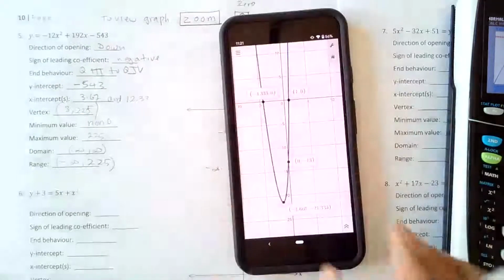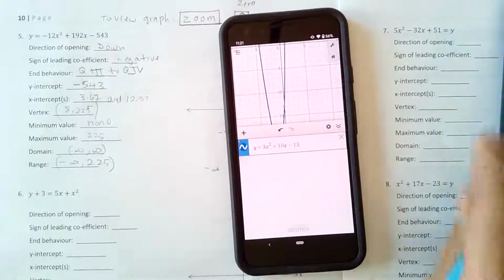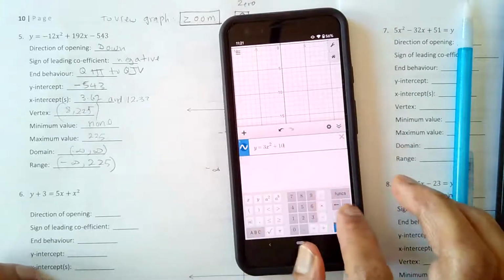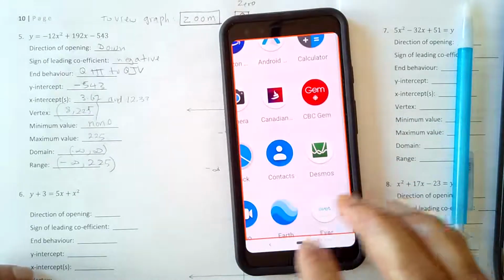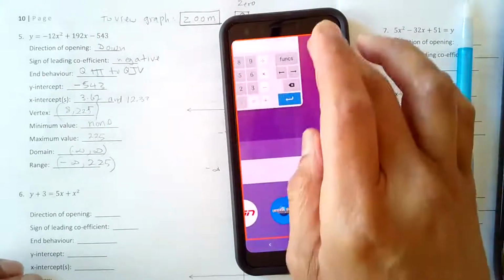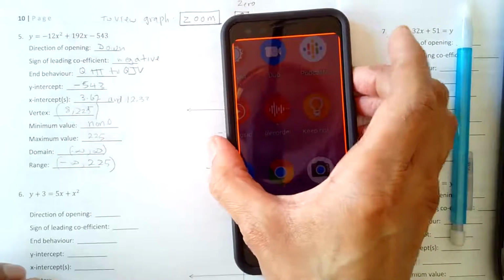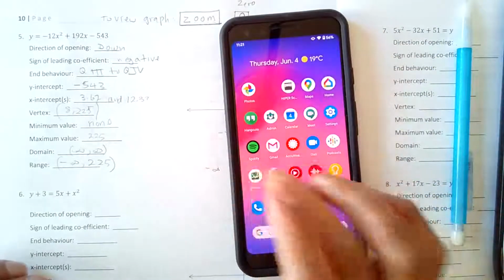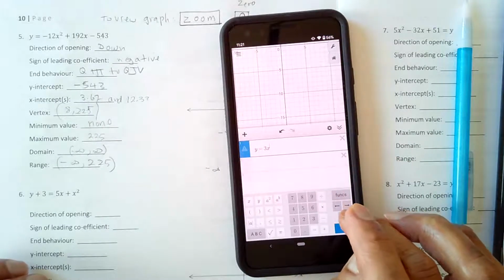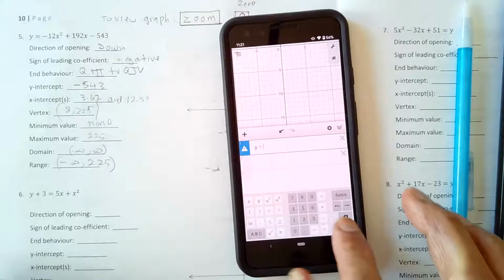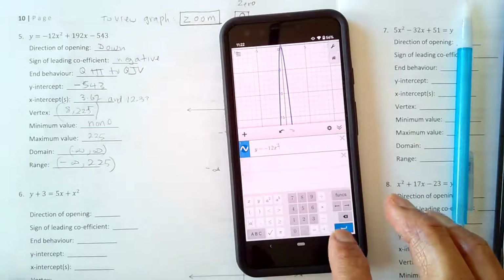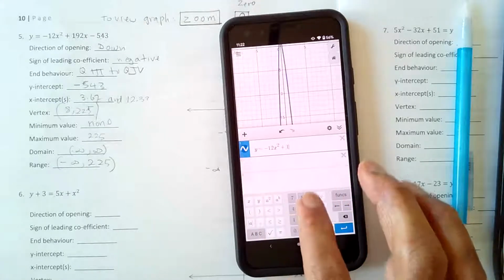Now with Desmos, let's go back to Desmos. We can just get rid of all these here. Now this happens. We have to turn it off, back on, back to Desmos. So negative 12x squared plus 192x.